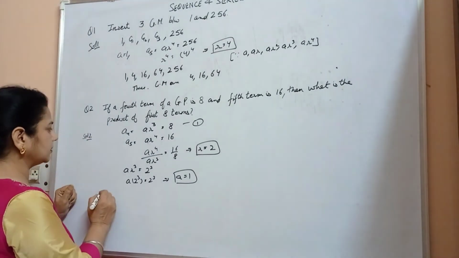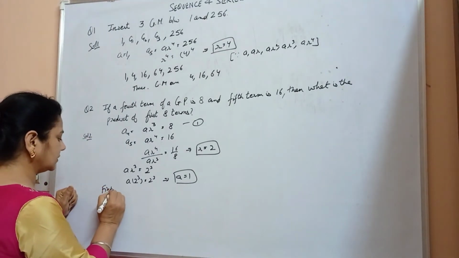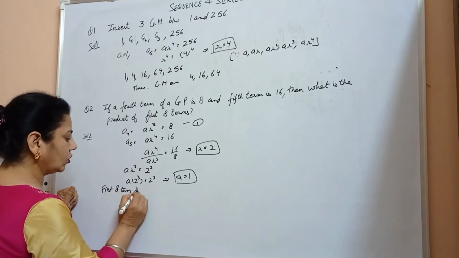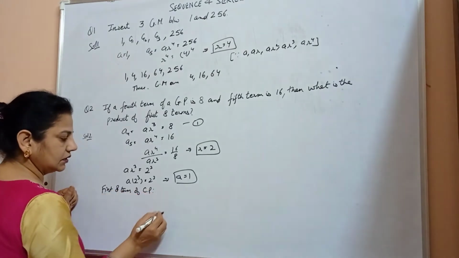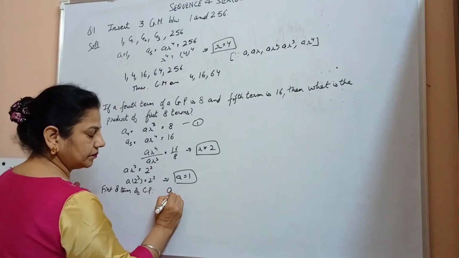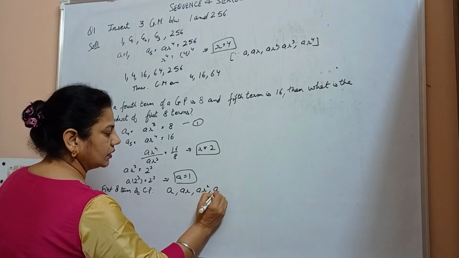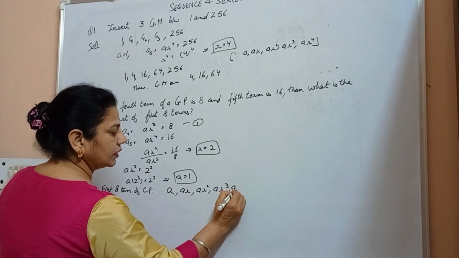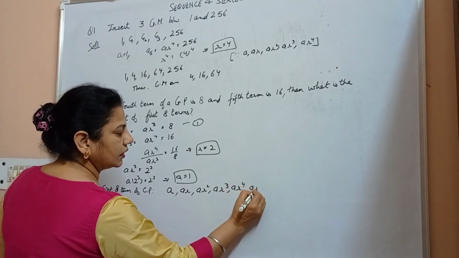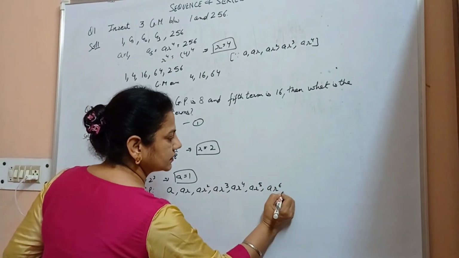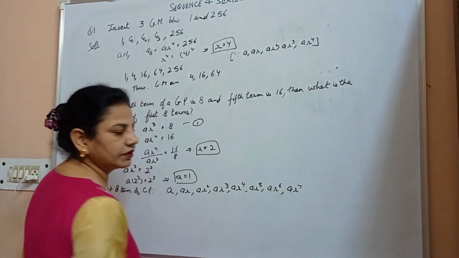The first 8 terms of the GP are given as A, AR, AR square, AR cube, AR to the power 4, AR5, AR6 and AR7.